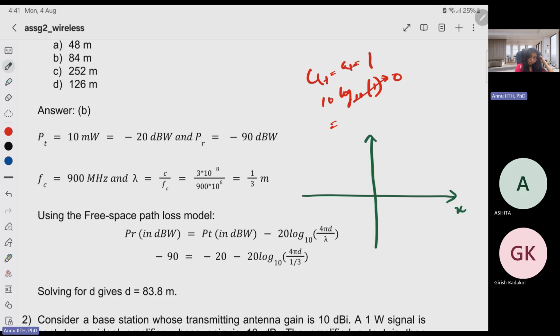Say it is x, and the axis has 1, 2, 3, 4. Log x is actually an increasing function. You should know that.